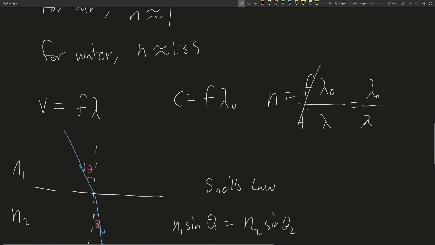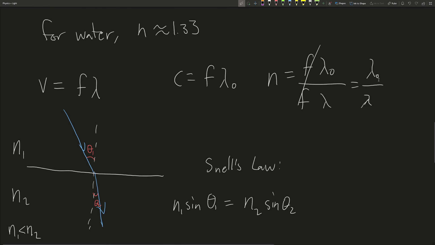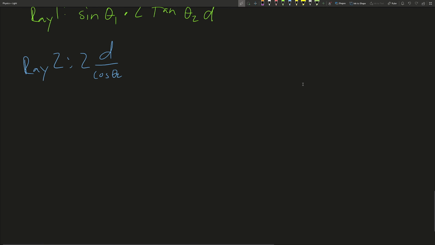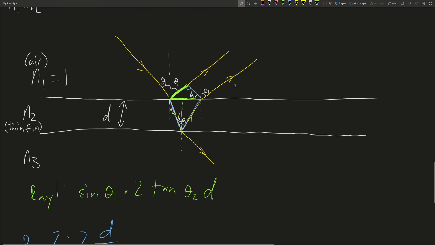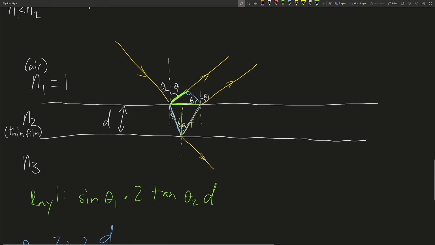Now remember how we see that the wavelength of light changes when it goes to a different medium. So when we're comparing these offsets, we don't compare the actual distance that light travels. We want to compare how far offset their wavelengths are.